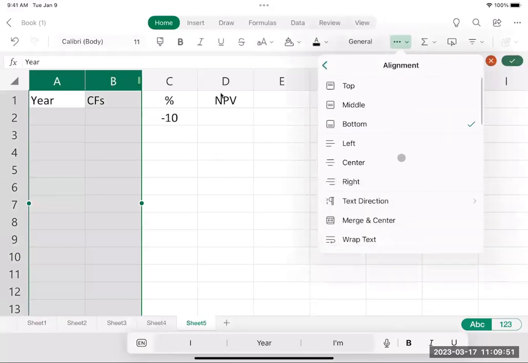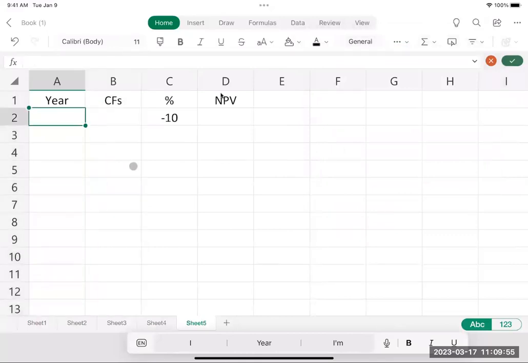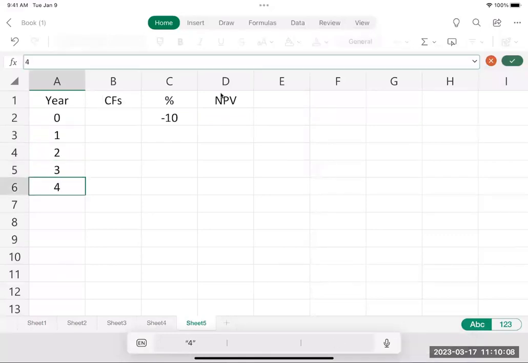It looks a little different on the computer, right? But this is the iPad. So 0 is actually on the chart. So 0, 1, sometimes I don't put 0 on the chart of cash flow. So be careful about that too.